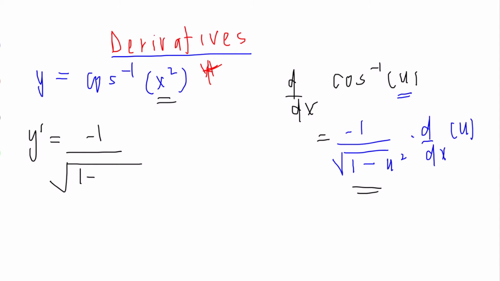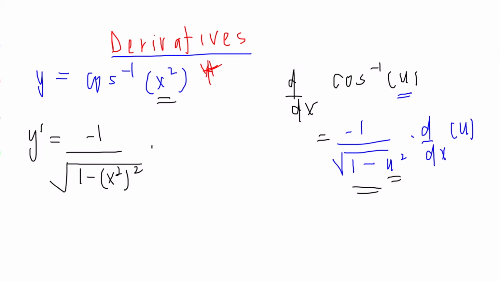Our u is x squared, but the formula squares the u, so you need to square this again.